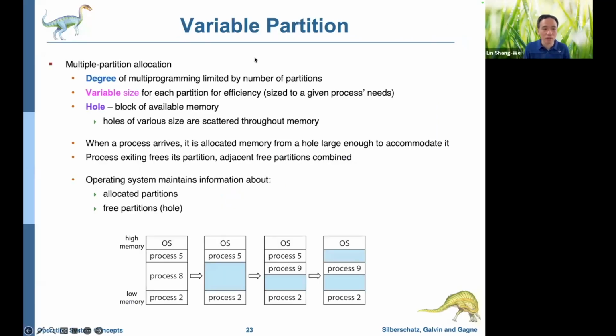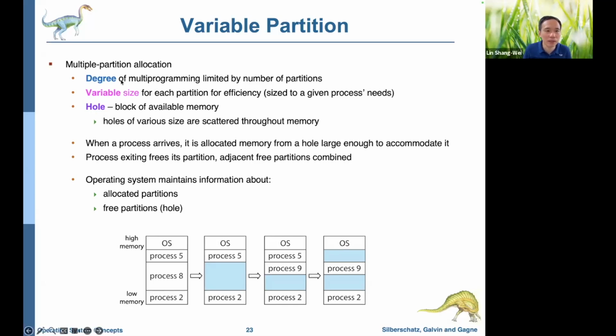Now I'm going to talk about the so-called variable partition. We know that the memory will be shared by the OS kernel and different processes, and different processes will have different sizes. So the memory will be partitioned into different partitions; we call it variable partition because the size of every partition will be different.